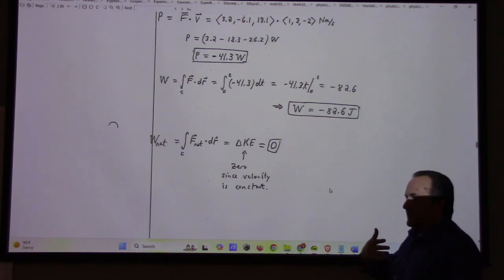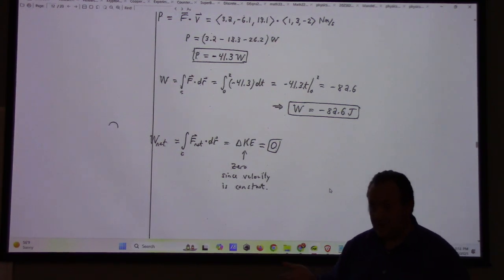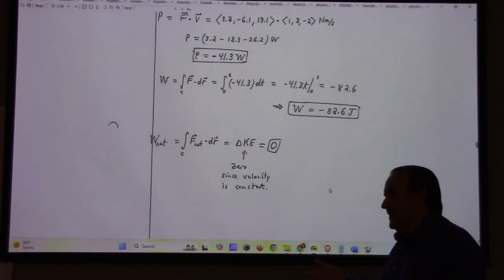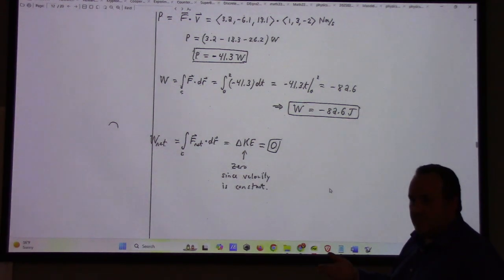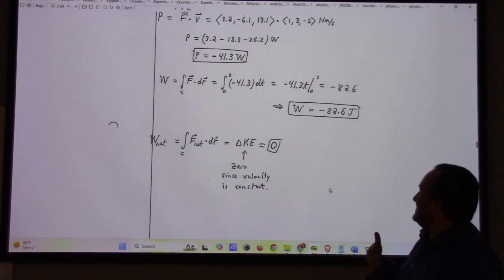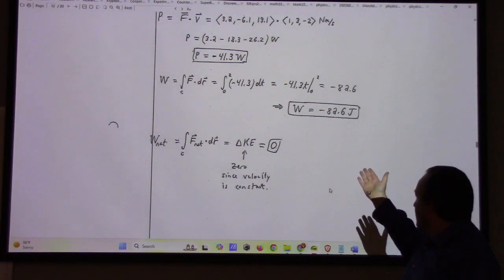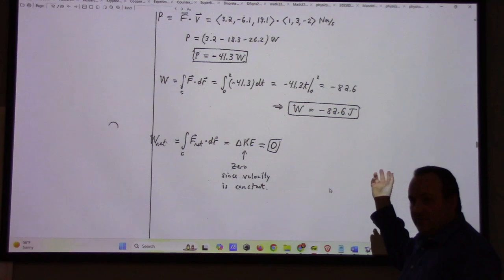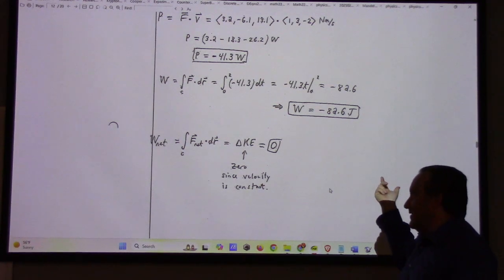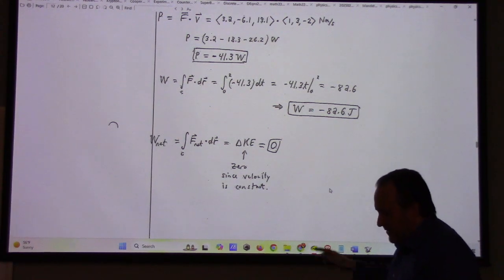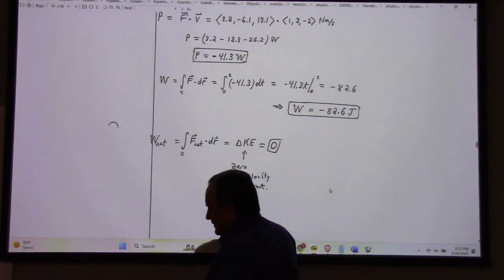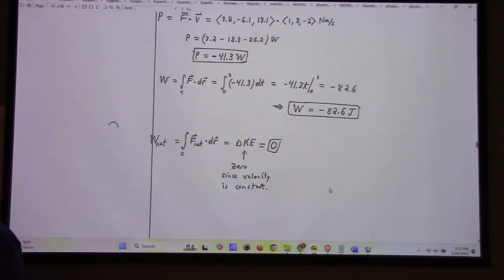If I told you that there's another constant force involved here, what is it? You could figure that out much like we did last class. On the other hand, if it was a variable force, all I really know for sure is that the net work that the other forces do must be 82.6 joules, right? Because the work done by the given force and the work done by the mystery forces would have to balance out. That's all I can really say at this level.